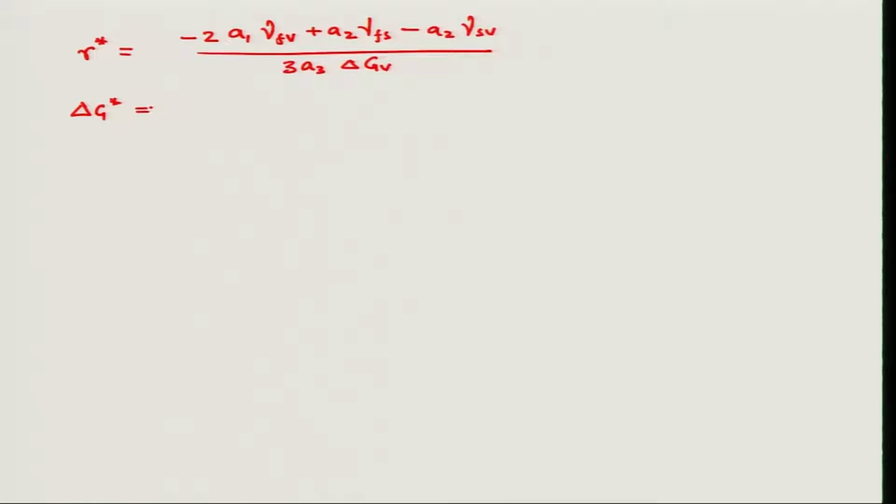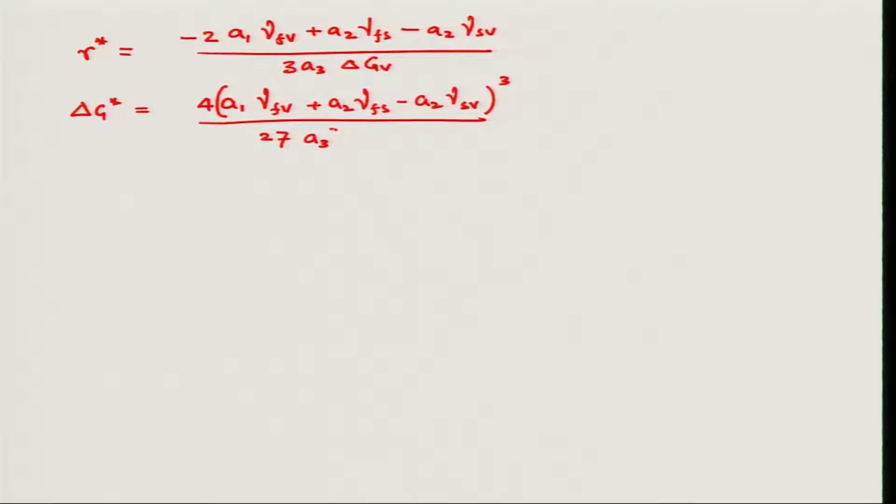The energy required for this nuclei to become stable is 4 times (A1 gamma Fv plus A2 gamma Fs minus A2 gamma Sv) cube, divided by 27 A3 cube delta Gv square.